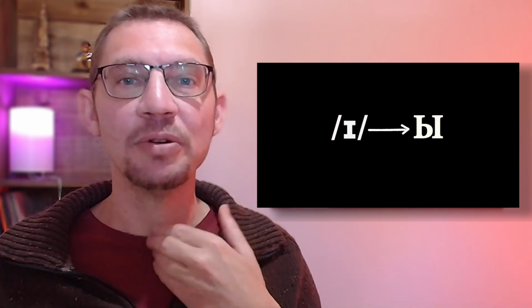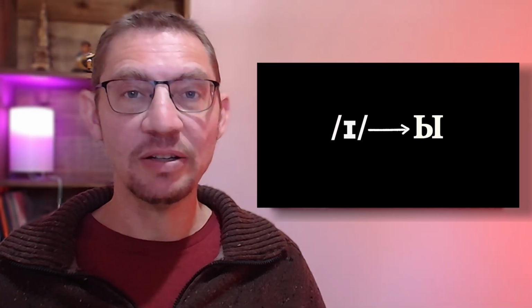And what I like about that vowel sound is that it has a kind of a deep, throaty quality to it, which is something that the American English I sound also has due to it being a lax vowel and due to the mid-back of the tongue going down. And so with the back of the tongue going down, it creates more open space in the throat and thus the kind of throaty quality to the I sound. And this is a quality that we hear in all four of American English's lax vowel sounds.